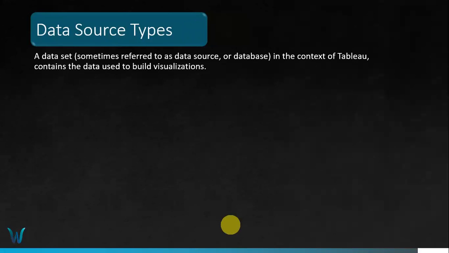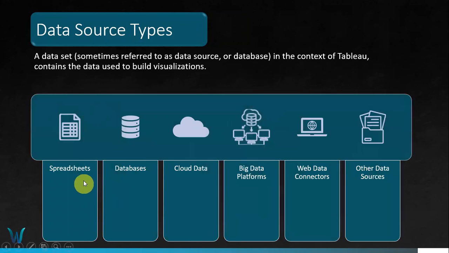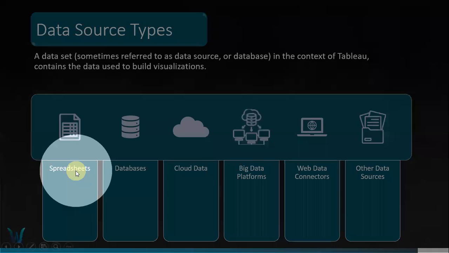So a data set, which can be referred to as data source or database, right, in a Tableau context, simply contains the data you use in building your visuals, right? And these data sets can come in different forms. So you have spreadsheets.